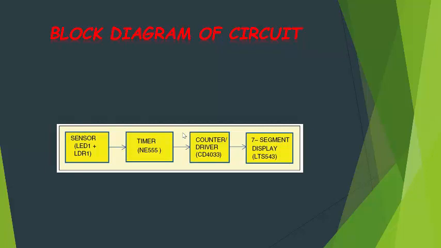Then it goes to the count driver CD4026, and then it displays the number of letters in the letter box on the 7-segment display. Here the 7-segment display is common cathode. If we use a common cathode 7-segment display, then and only then the CD4026 works. Otherwise it does not work with any other 7-segment display.